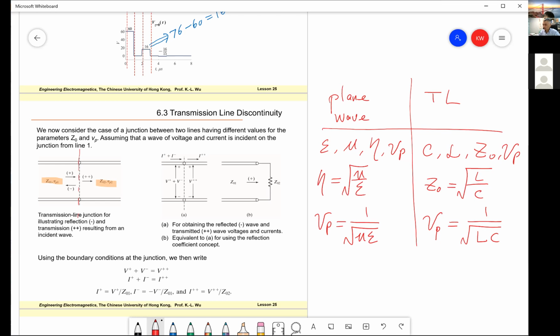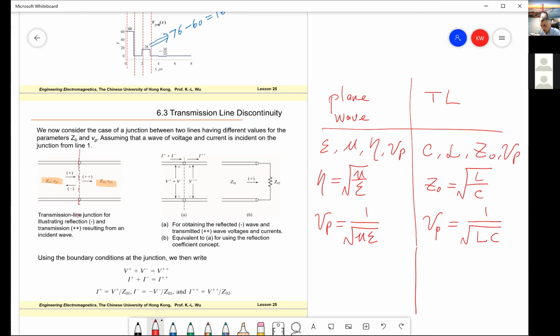Next week we are going to discuss how the transmission line is used for communications. In communications, we use a frequency domain model or phasor concept. We don't analyze the transient behavior. And that gives us a further comparison between plane wave and transmission line.